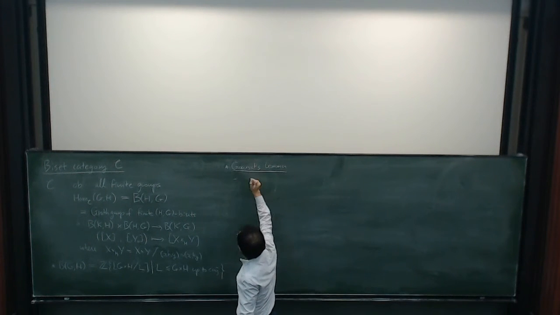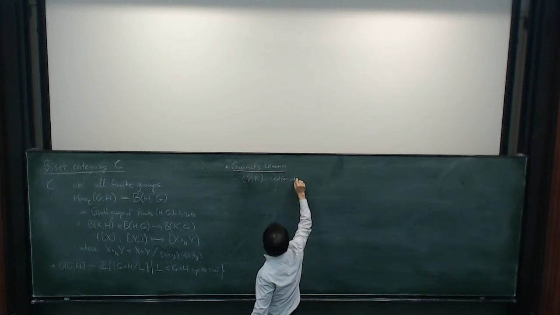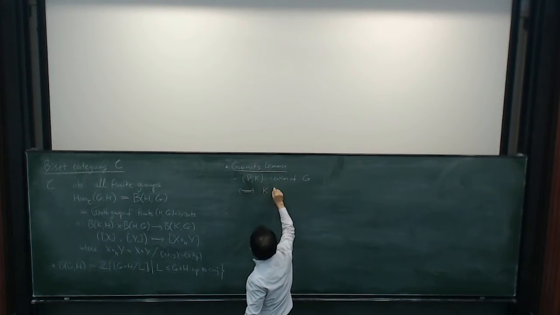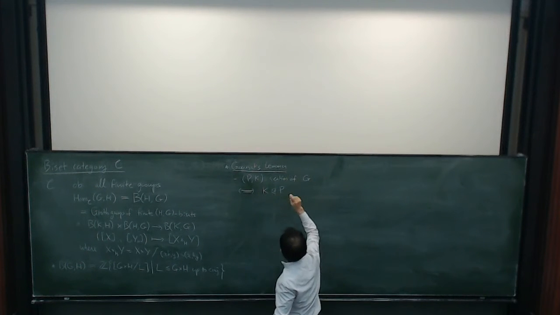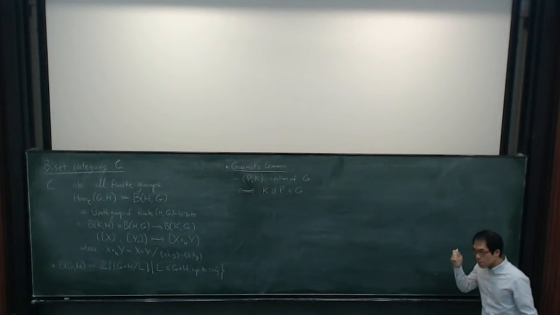For that we need a little terminology. A pair of groups is called a section of a group G if they are subgroups of G and one is a normal subgroup of the other.